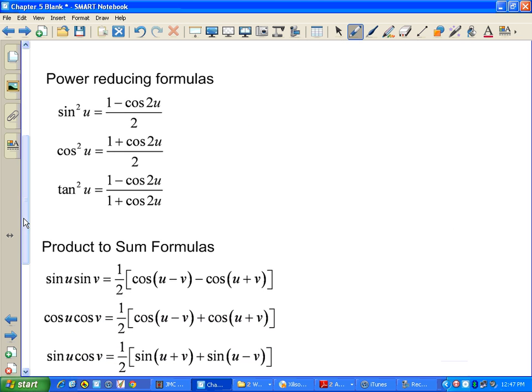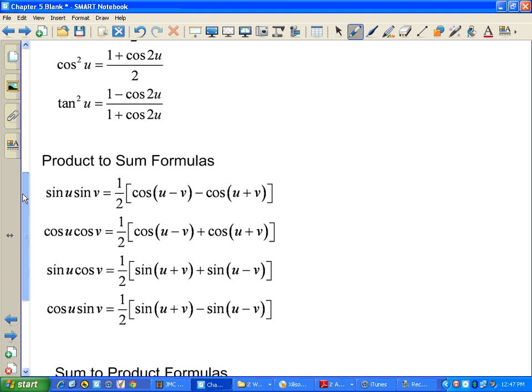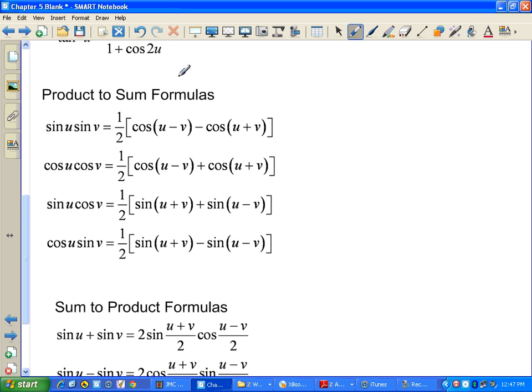There's power reducing formulas. So if I have sine squared u and I can't use my Pythagorean identity, and I want to change this just into terms of something else, we can use these. There's product to sum. We have them. I don't really know why you would want to do this, why you would change something from a product to something that's way more complex.